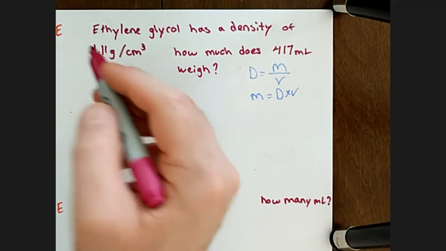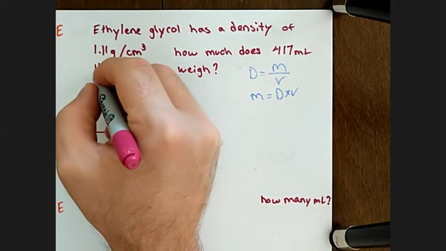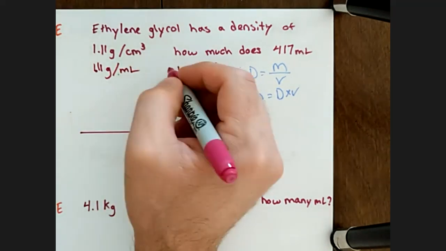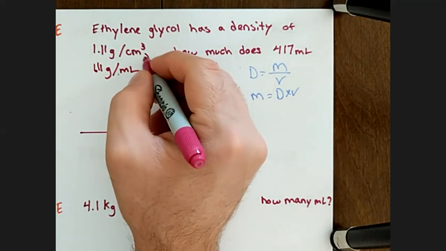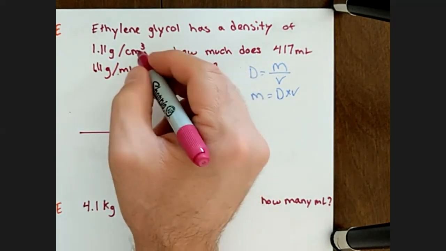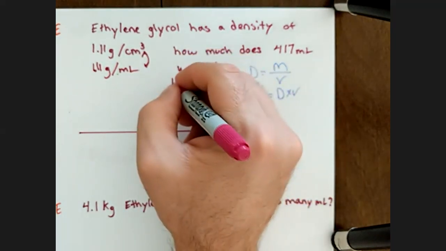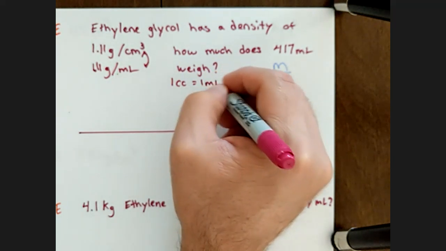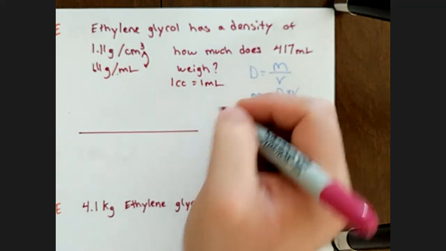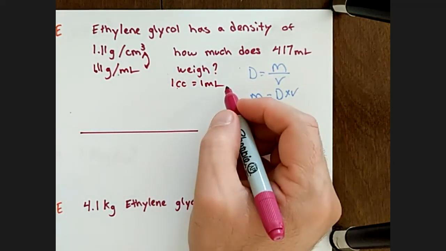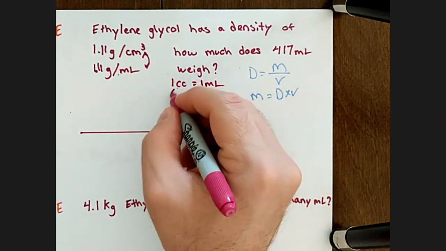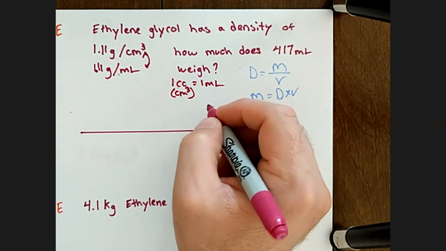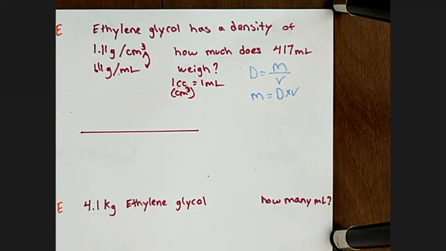Another way to look at this would be 1.11 grams per milliliter, knowing that these two terms are identical. One centimeter cubed is 1 milliliter, or 1 cubic centimeter is 1 milliliter, right? So these are the same thing, so they're used interchangeably.